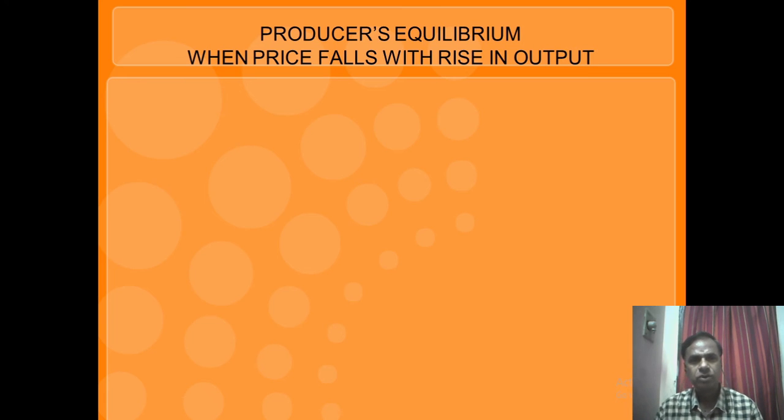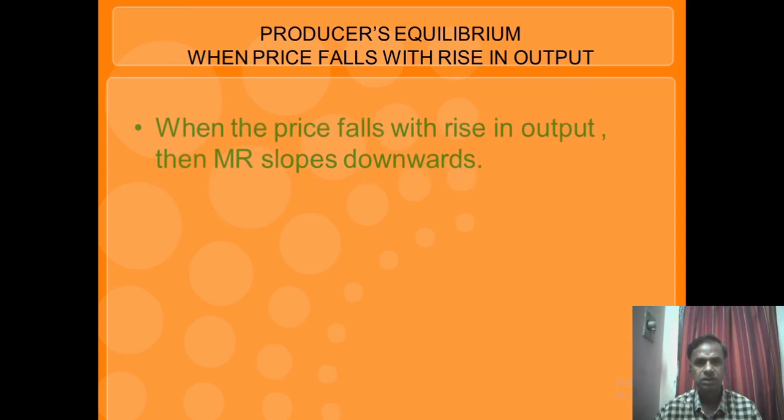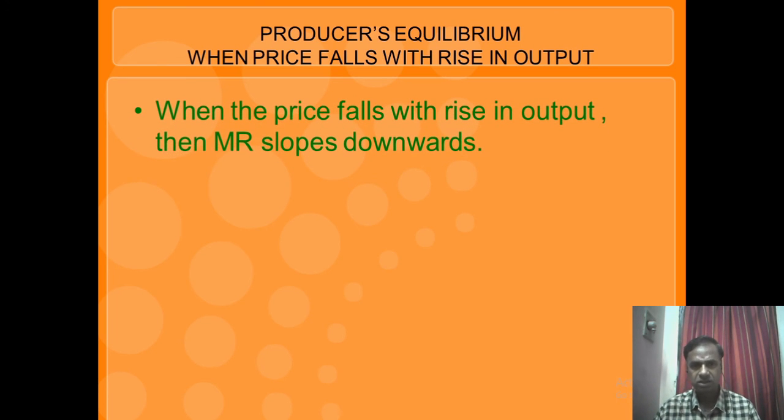So I told you the producer is in equilibrium in two situations. One is when the price is constant, another one is when the price falls. In the last class we studied in the revenue, the price falls with the rise in output, which means that to increase the sale of output, the producer will decrease the price.